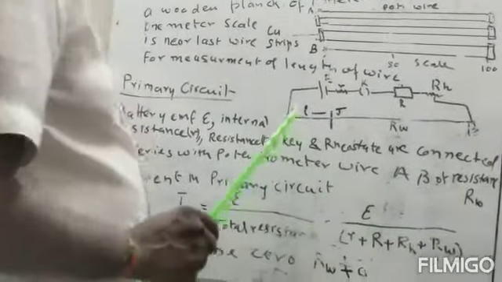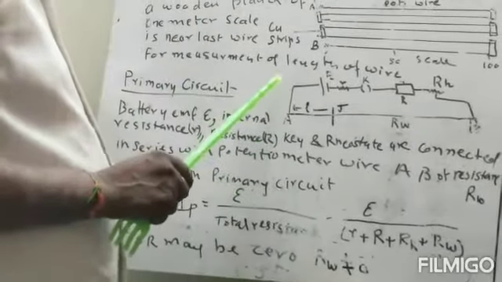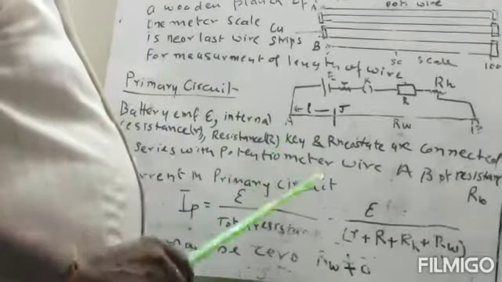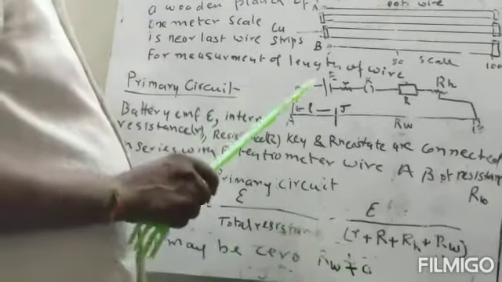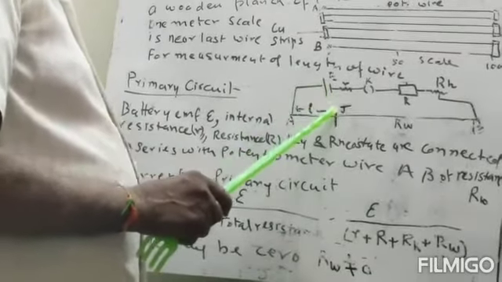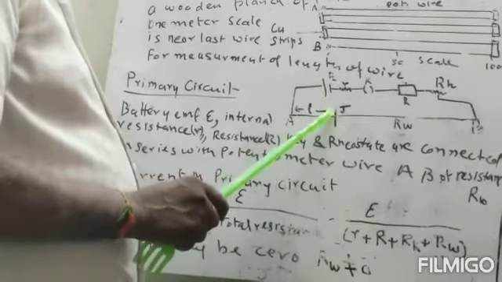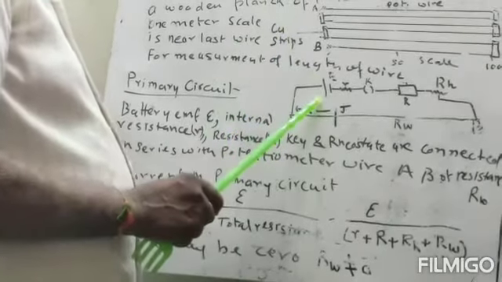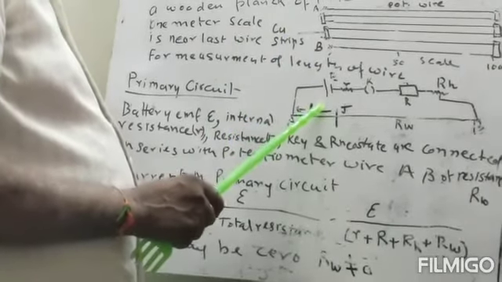Now the basic condition is that in the primary circuit the current should be constant. It means this should not be a cell. You should not use a dry cell. You should not have a Daniel cell. You should not have a Leclanche cell because their EMF is not constant.